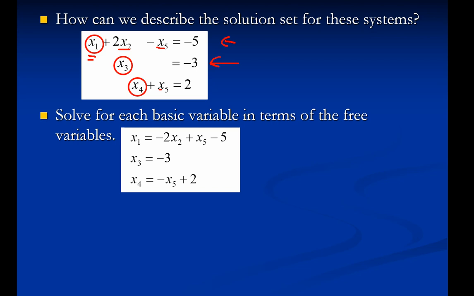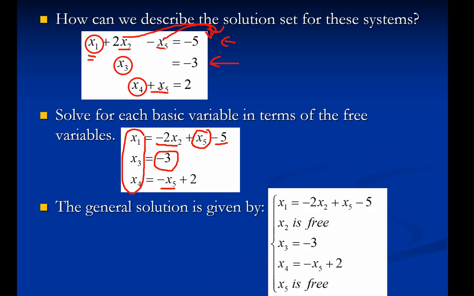So I'm going to have a -5, and when I move the negative x sub 5 over here, it'll be positive. When I take the positive 2x over here, it'll be negative. So that's what you're seeing here. To solve for x sub 4, all we had to do was subtract x sub 5 from both sides, so I have a negative x sub 5 over here. So we solved for all of the basic variables in terms of just numbers and the free variables.